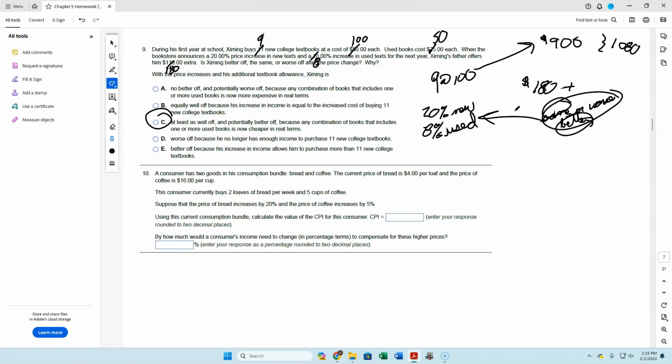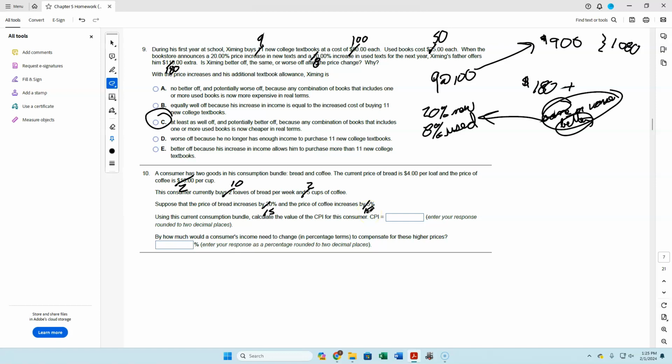Okay, number 10. I had a price of 2, and then he bought 10 and 2, and I had 15 and 15. Okay.